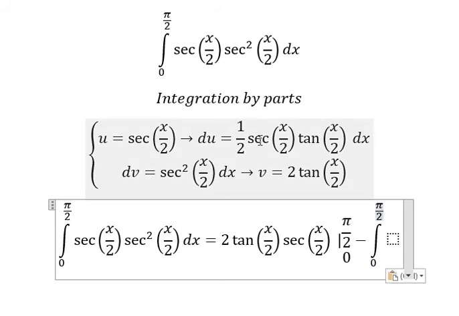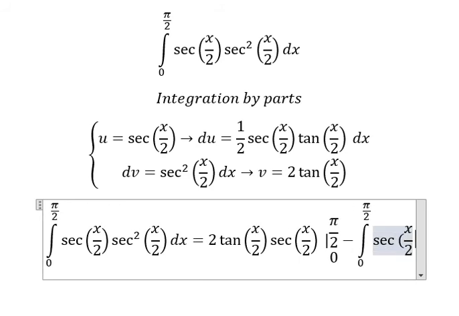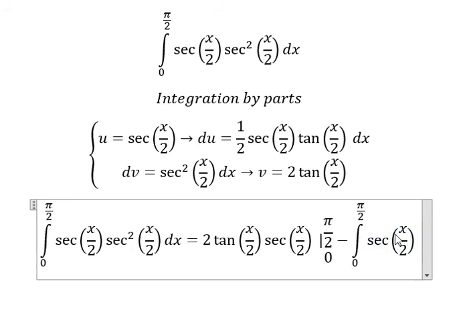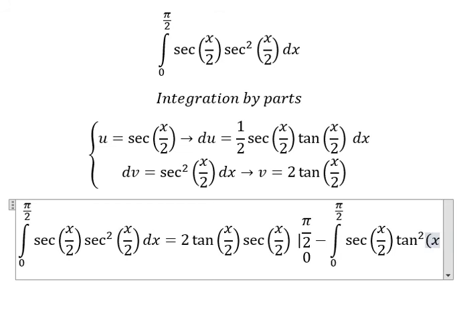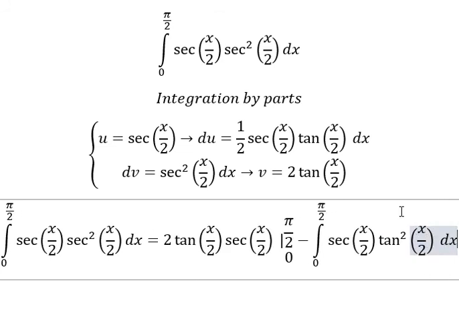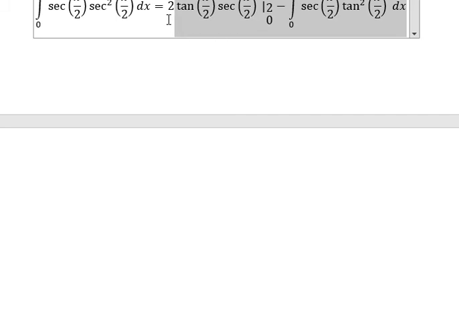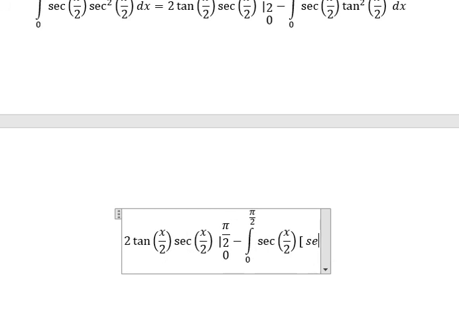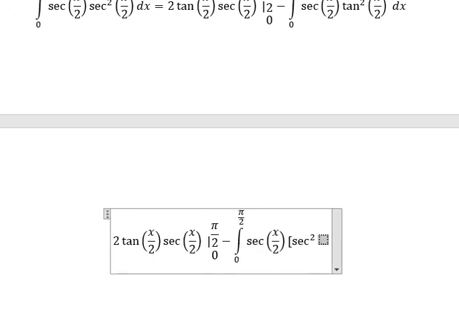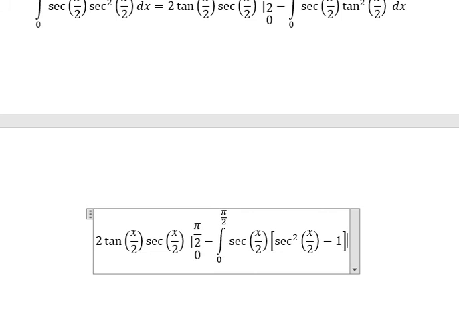And we have secant of s over 2 multiplied by tan of s over 2 square. So this one we can change into secant of s over 2 square minus number 1.